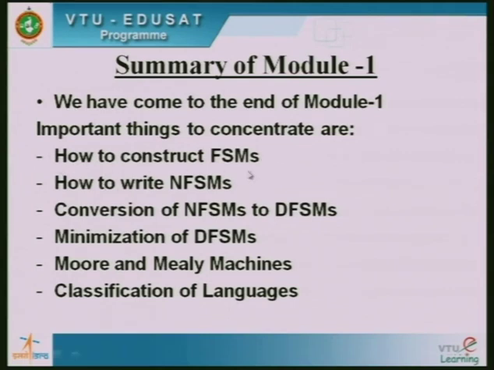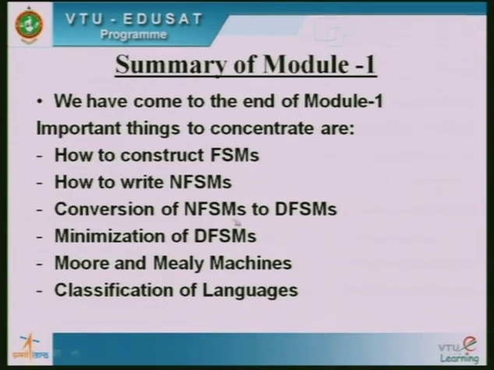Then how to write non-deterministic finite state machines, very important. Then we have seen conversion of non-deterministic finite state machines to deterministic finite state machines; I have given you both without epsilon transitions and with epsilon transitions, and they are important. Then the minimization of deterministic finite state machines.